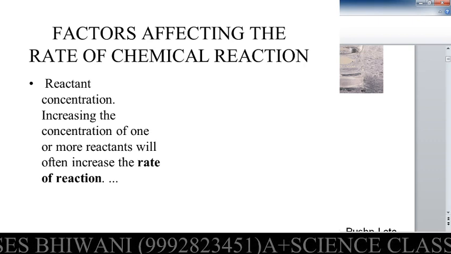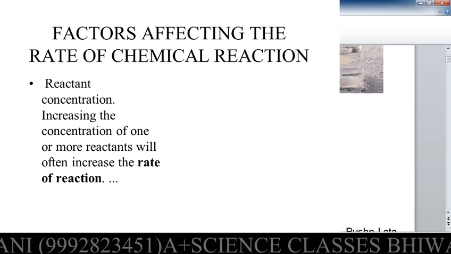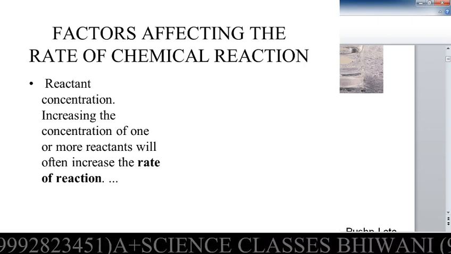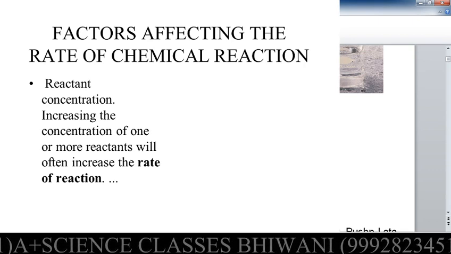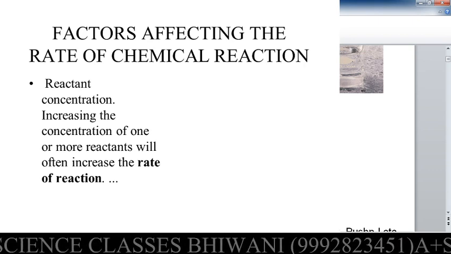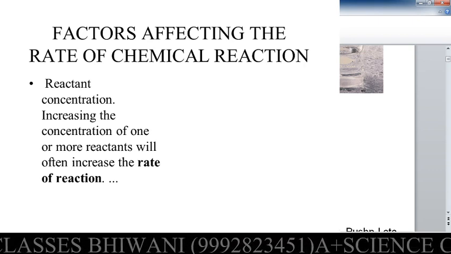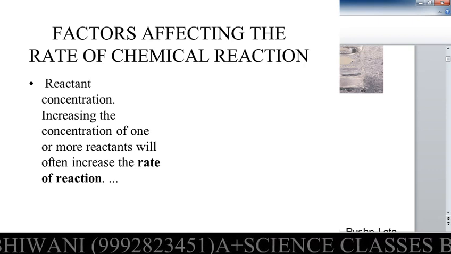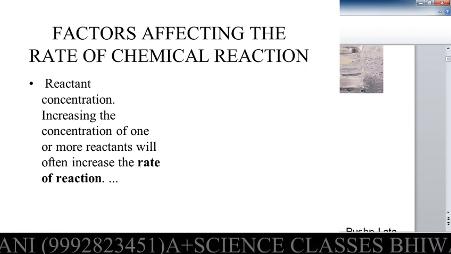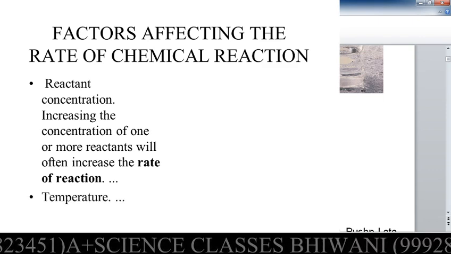Is it clear? You may remember the law of mass action: the mass of the substance reacted is directly proportional to the molar concentration of the reactants. So the rate of reaction is directly proportional to the concentration of the reactants, not the products.